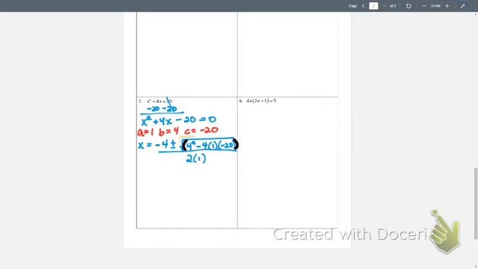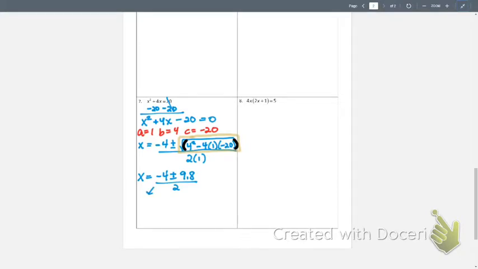And you're going to type this into your calculator first. So please, that's the most important step, that you know how to get the square root of 4 squared minus 4 times 1 times negative 20 on your calculator to be 9.8. If you're not getting that, you have to email me or get in for some extra help.